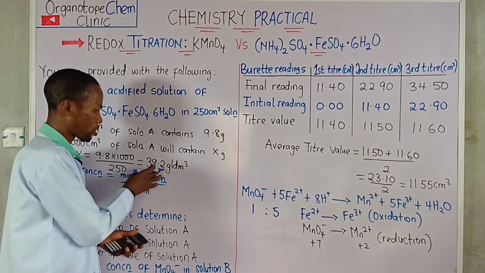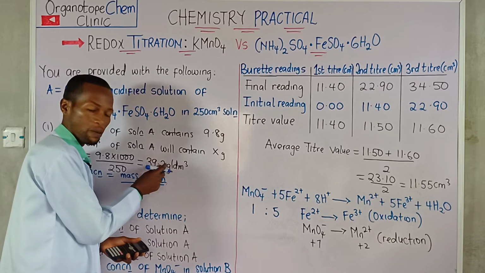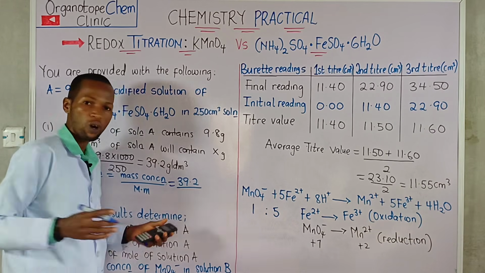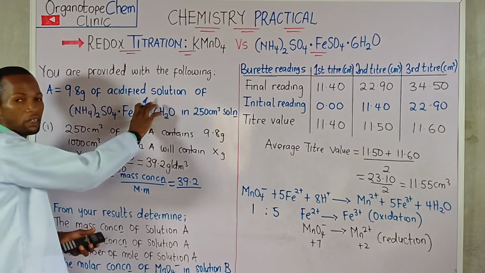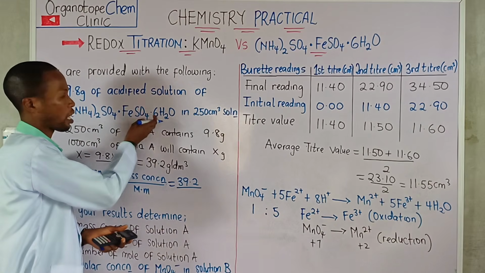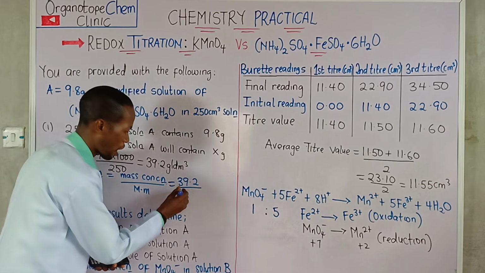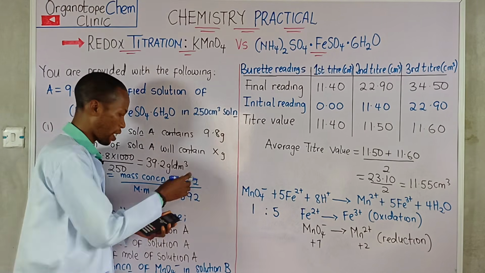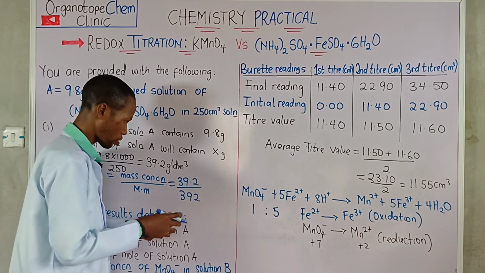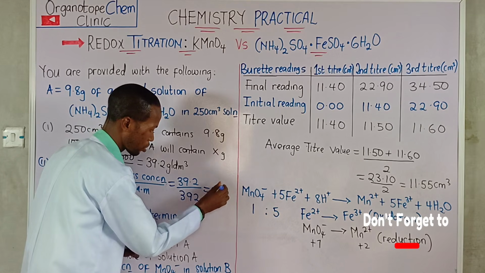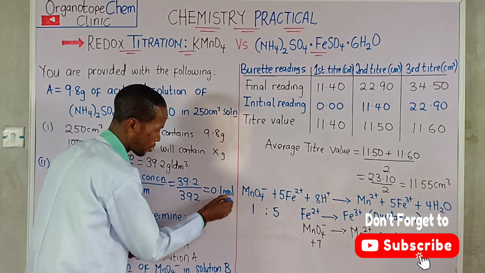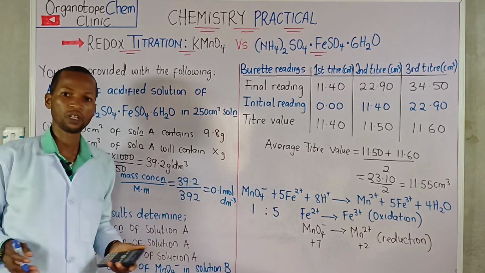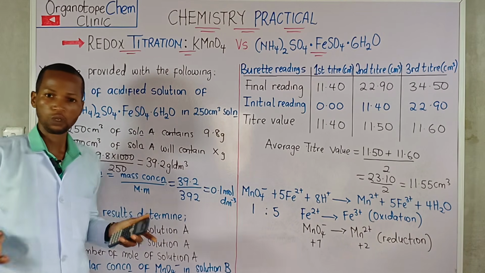We've determined the mass concentration of solution A, which is 39.2 grams. So we have 39.2 divided by the molar mass of this compound. By the time you calculate the molar mass, we are going to have 392 gram per mole. So can we divide this? We have 0.1 mole per dm³. So that is the molar concentration of solution A.